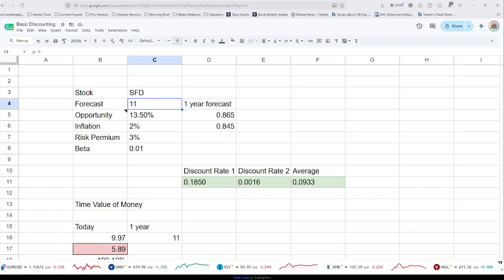So I could have two stocks in front of me. One's worth $100, the other's worth $10. Somebody may say, "Oh, I'm buying the one that's $10." Okay. What if the one that's $10 only has, let's say, $1 in earnings?